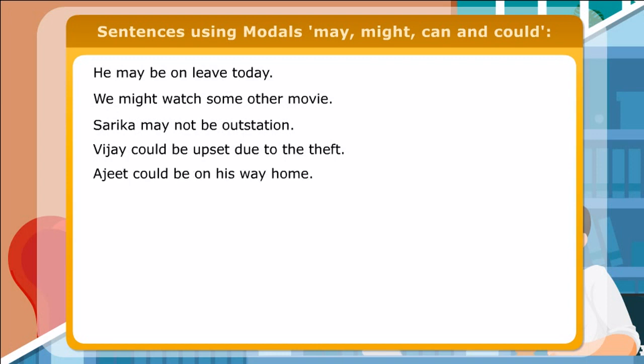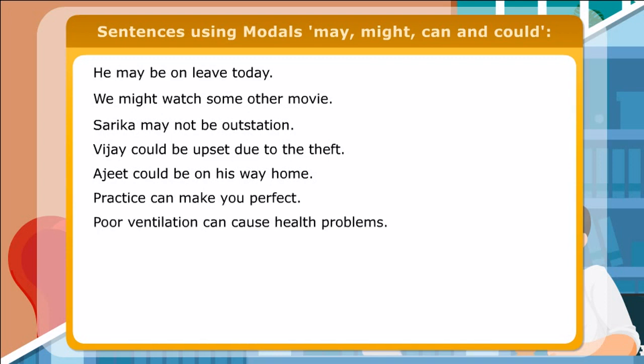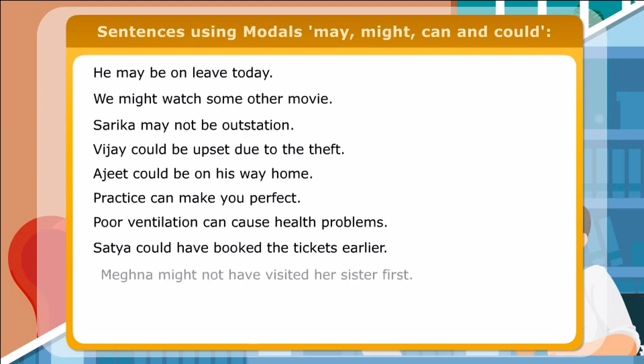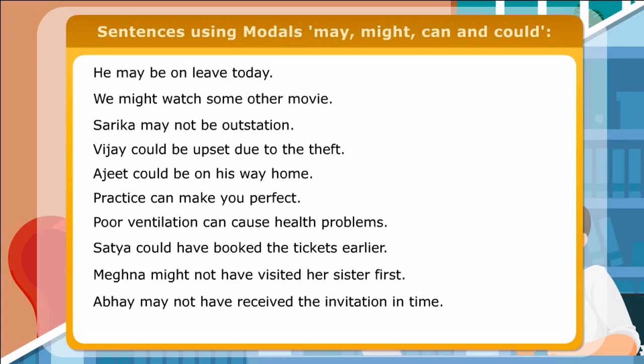Ajit could be on his way home. Practice can make you perfect. Poor ventilation can cause health problems. Satya could have booked the tickets earlier. Meghna might not have visited her sister first. Abhay may not have received the invitation in time. He could have given you a better suggestion.